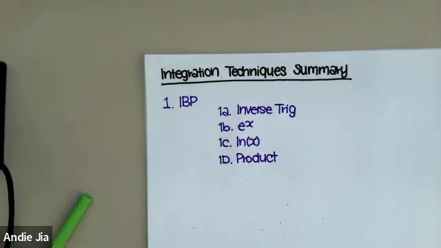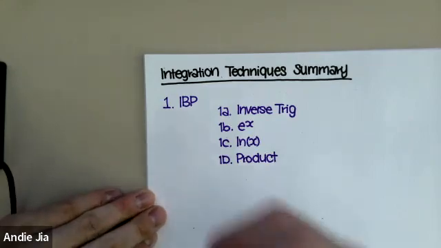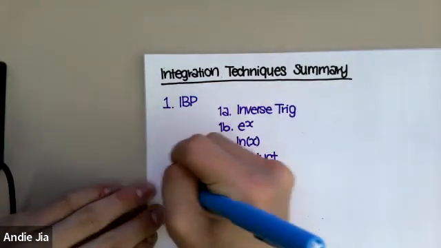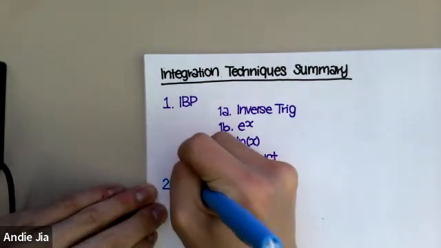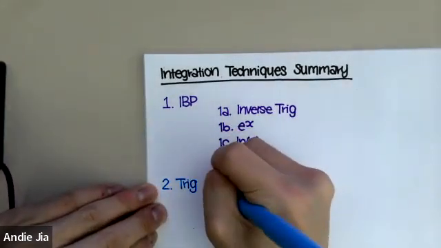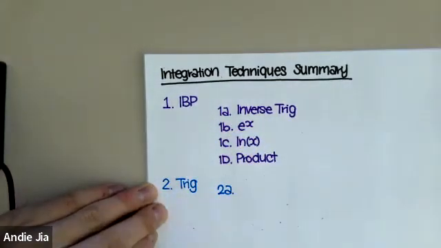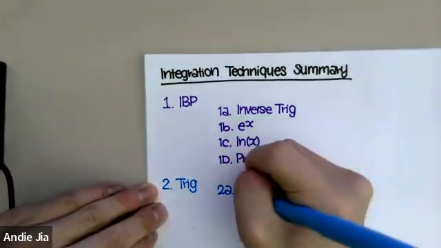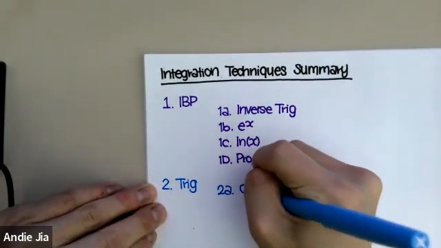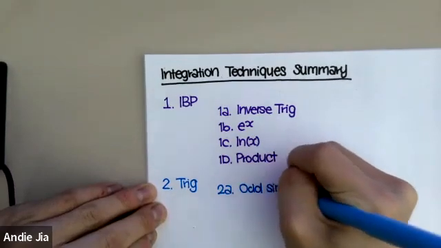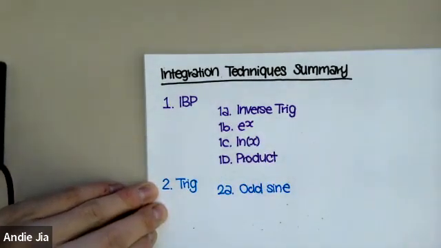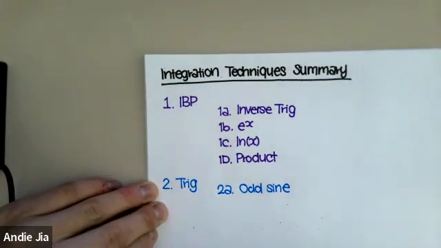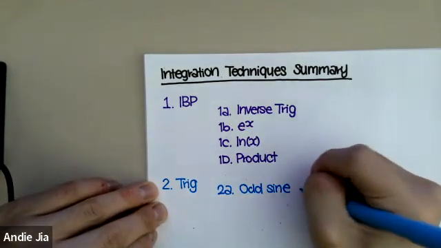Case number 2 is the trig integral. If you have an odd sine, pull out one sine.